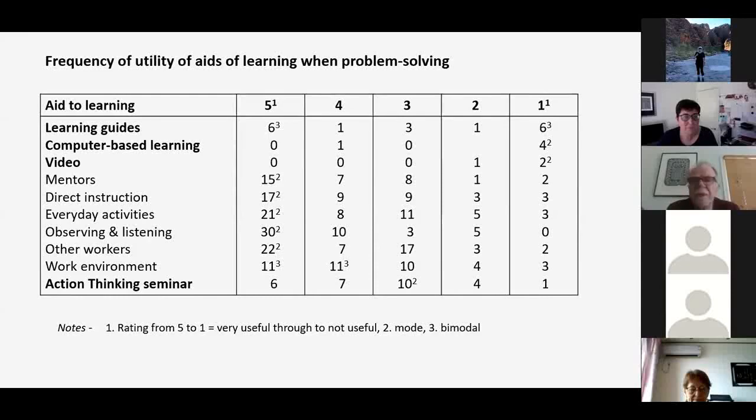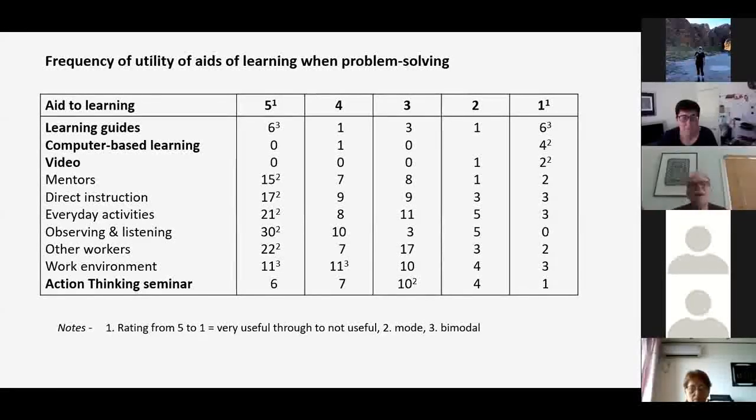And what you can see from the patterns is the kind of things that the workers report as being helpful in their problem solving: everyday activities, observing and listening to other workers, the quality of the working environment, plus direct instruction from more experienced workers.